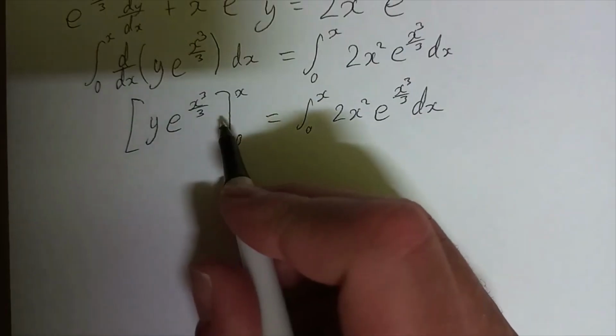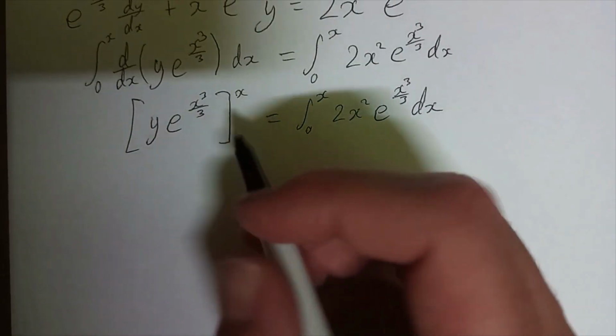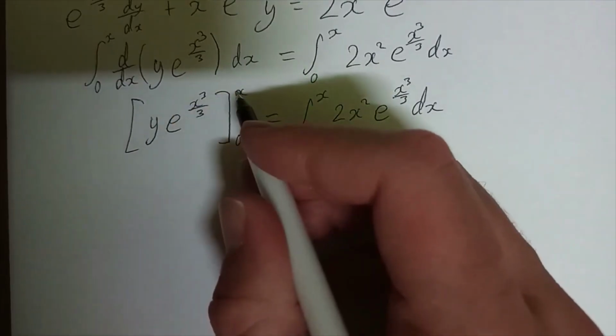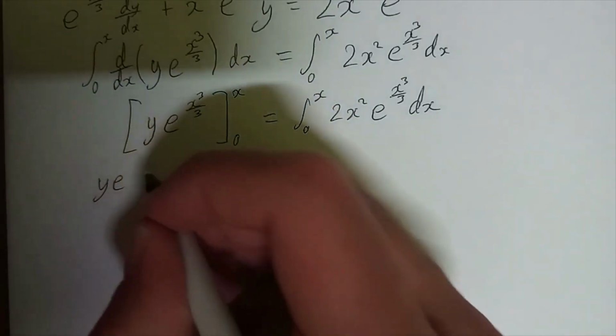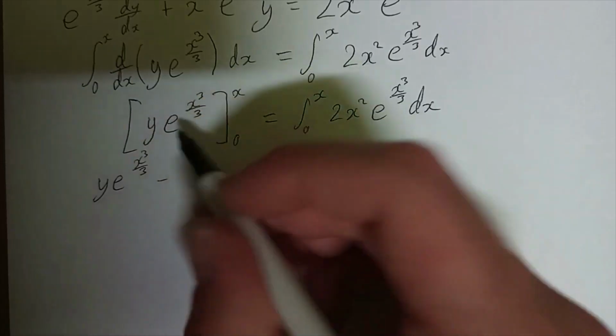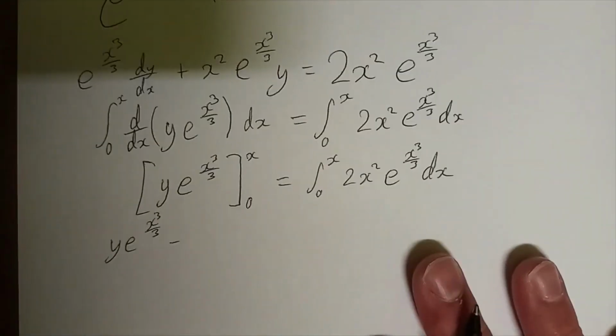So this expression here can be evaluated. We just plug in x and 0. Now at x, when x is x, y is just y, so that's y e to the x cubed over 3. When x is 0, y is 8.